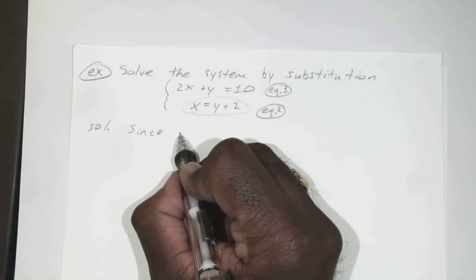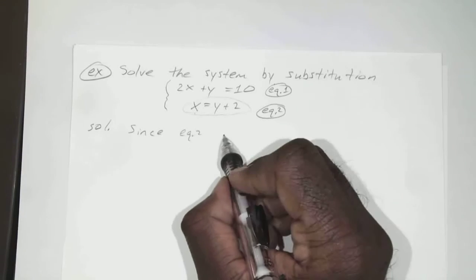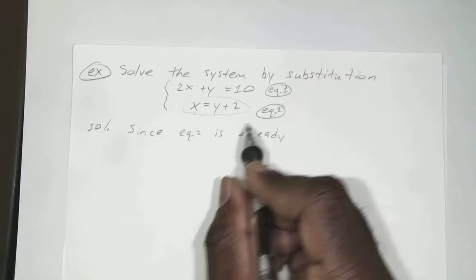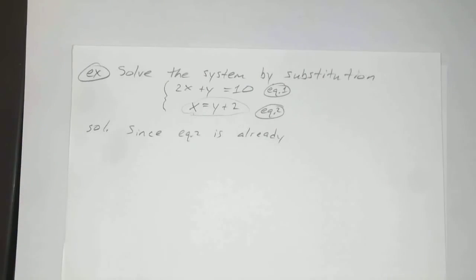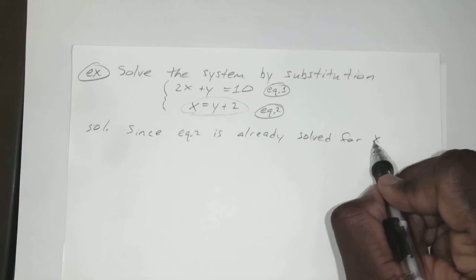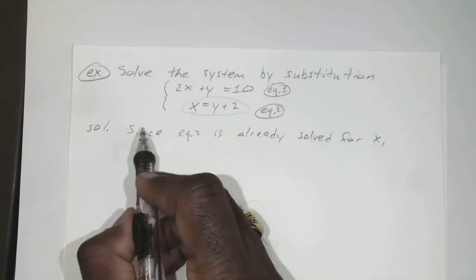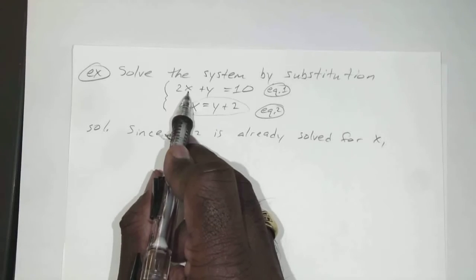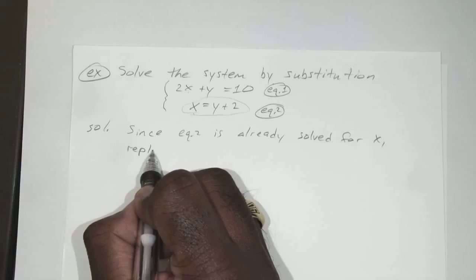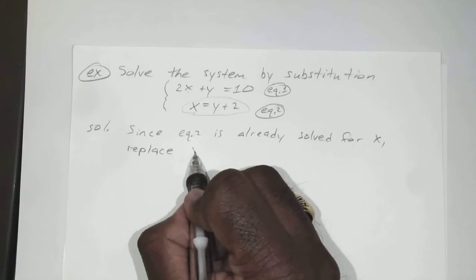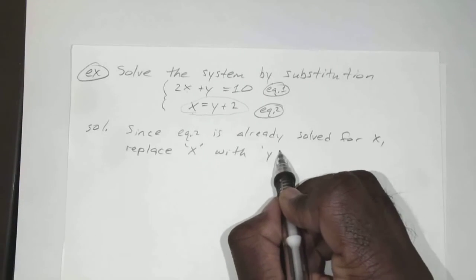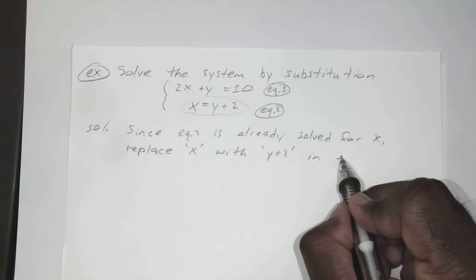Okay, so since equation 2 is already solved for x, because you have x equals and the x is by itself, we can just take that x and replace this one up here. Replace x with y plus 2 in equation 1.